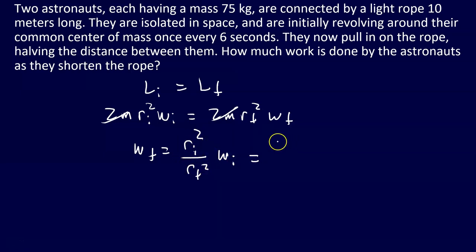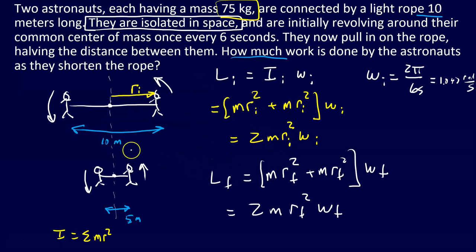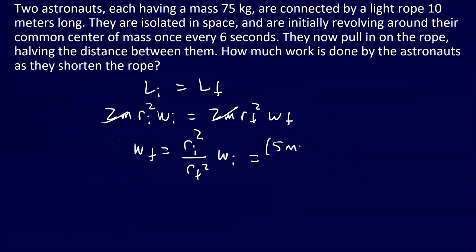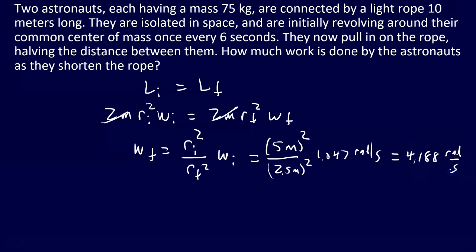The r initial, remember, was 5 meters, because it was a total of 10, so the ri would have been 5. And so it would be 5 meters squared divided by 2.5 meters squared. And then our omega initial was that number, the 1.047 radians per second. And when I calculated this, I came out with a number 4.188 radians per second.